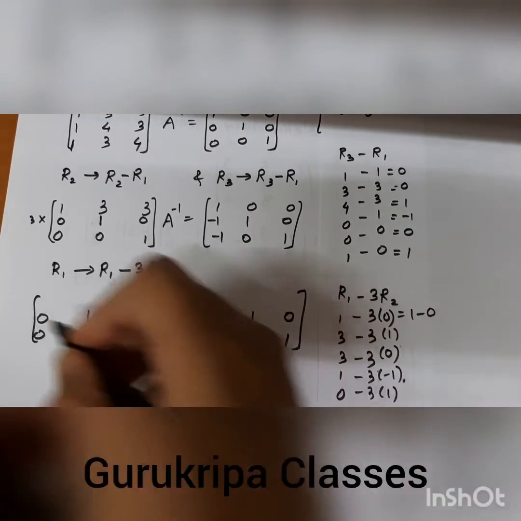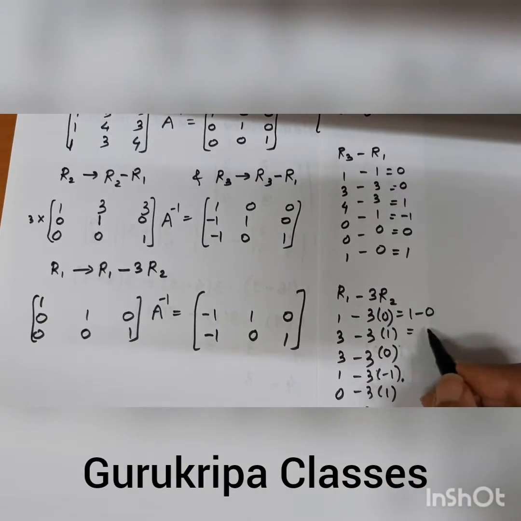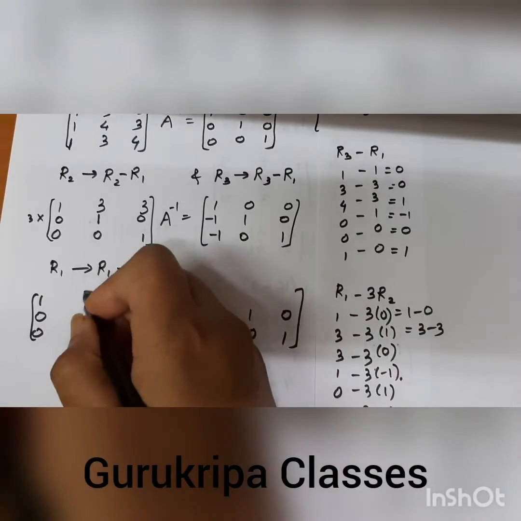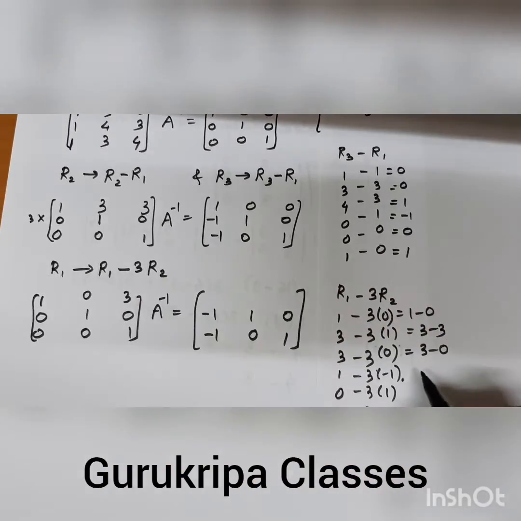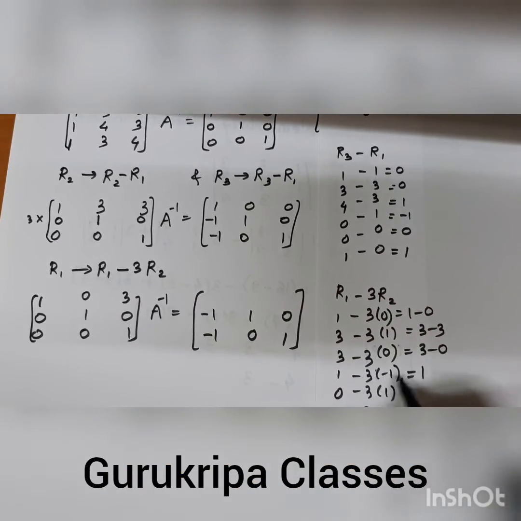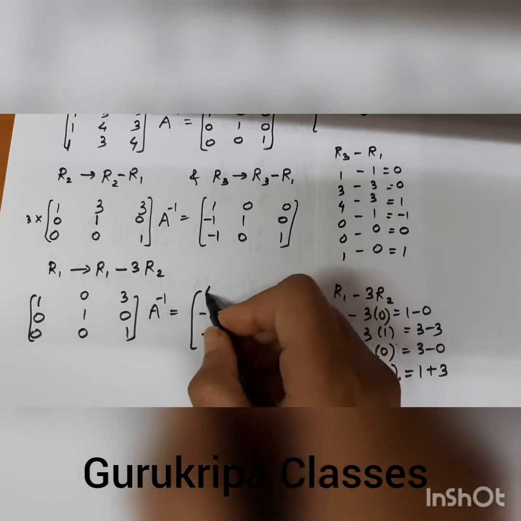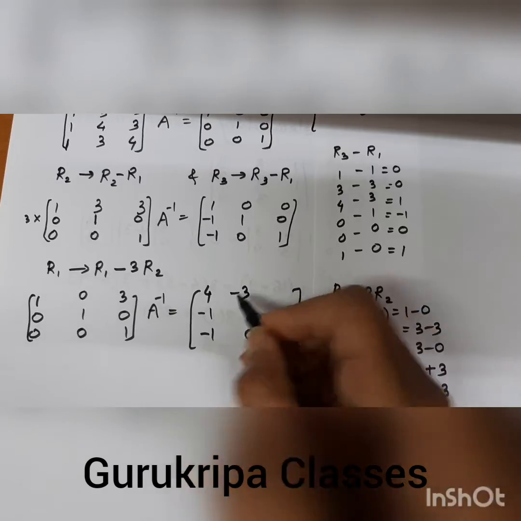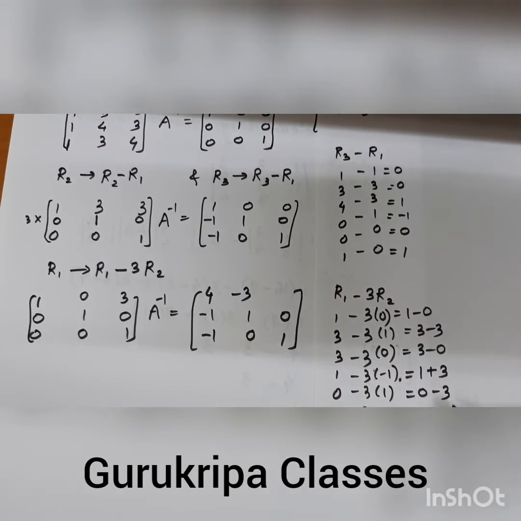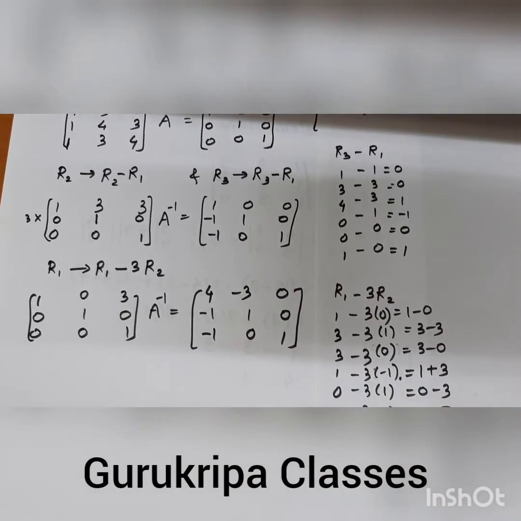So 1 minus 0, 1. 3 minus 3, 0. 3 minus 0, 3. 1 minus minus is plus 3, 4. 0 minus 3, minus 3. 0 minus 0 is 0.